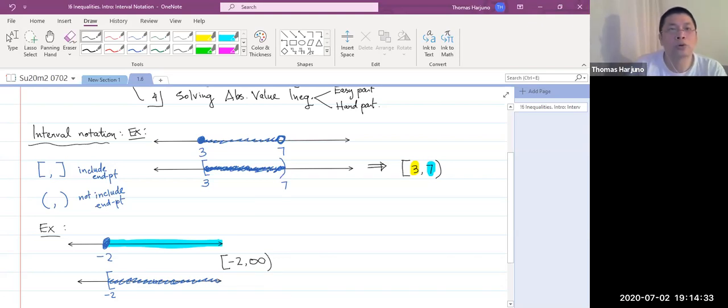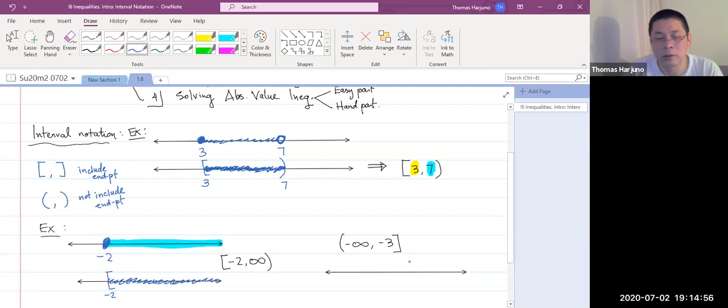Okay, so suppose you see this notation here: -infinity up to -3 bracket. Now, what does it mean? It means all the numbers from -infinity up to -3, including -3.